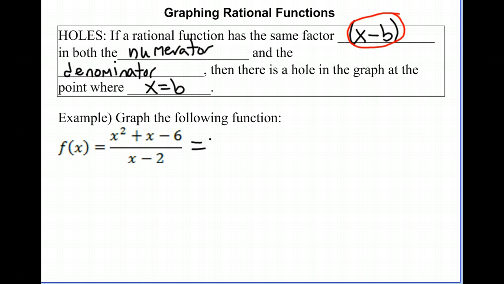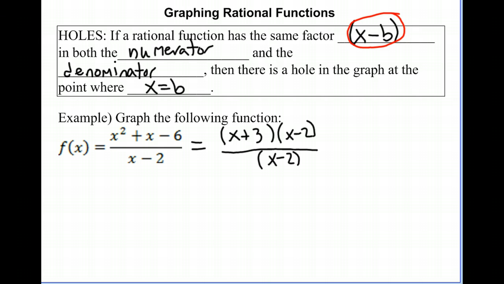So x squared plus x minus 6 is factored out to, let's see, multiply to negative 6 but add to positive 1. So we've got x plus 3, and then x minus 2. And then in the denominator we still have x minus 2.